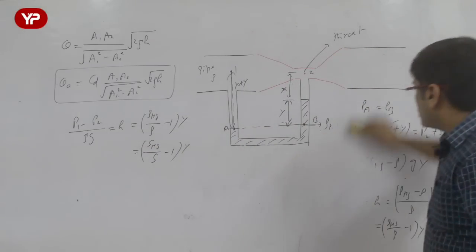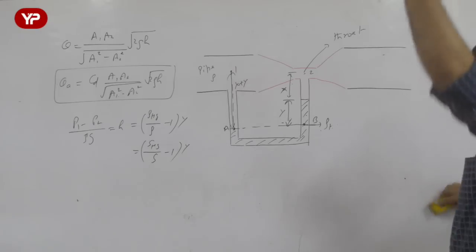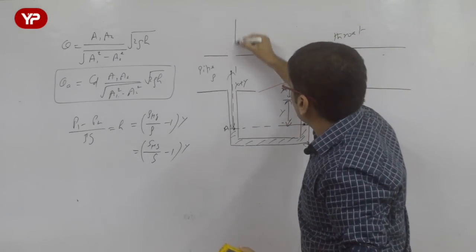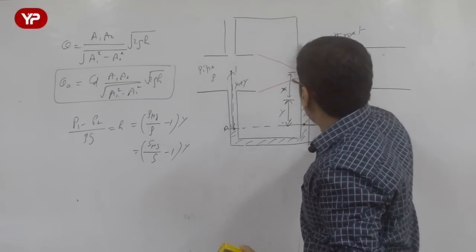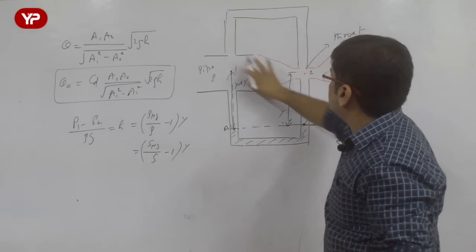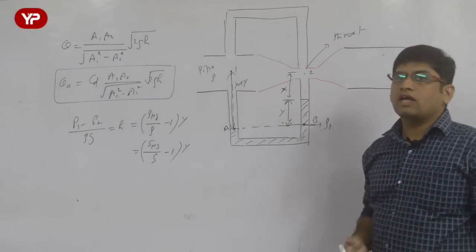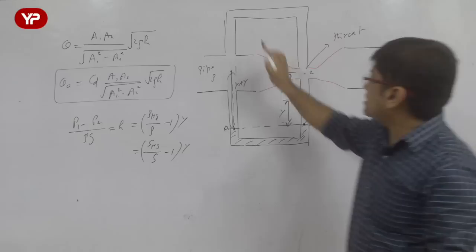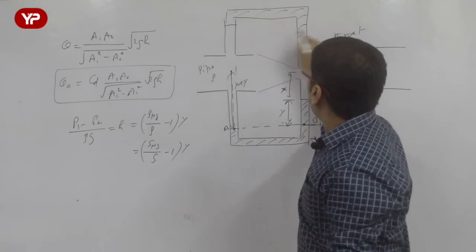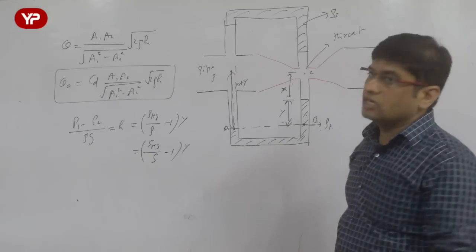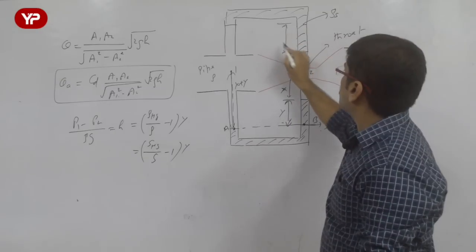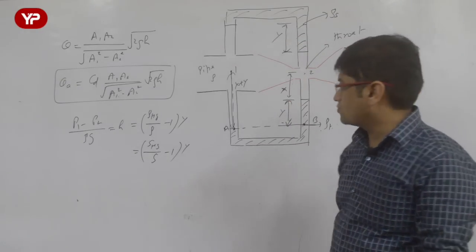Now if you are comfortable with manometers, you know that there can be an inverted U-tube manometer also, and you also know why inverted U-tube manometers are used. If the pressure difference is not very high, then you go for an inverted U-tube manometer. In that case, you are going to get this kind of diagram, and the fluid, let us say, has density rho s, and let us say this difference is y, any distance y.